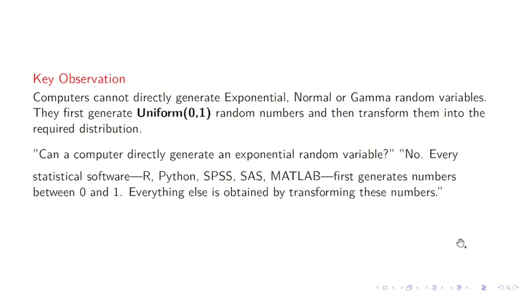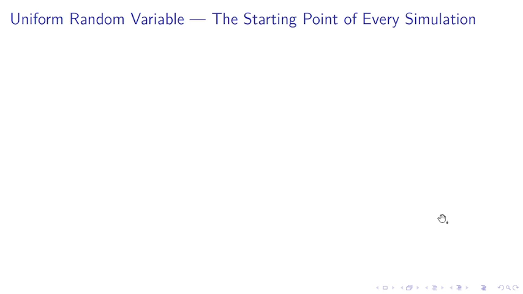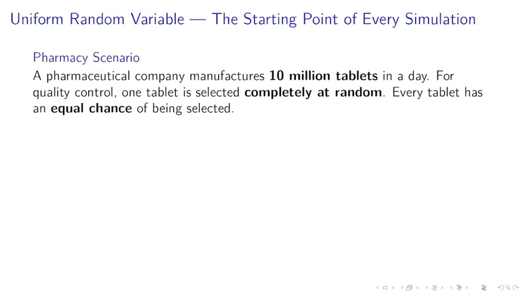Statistical software like R, Python, SPSS, SAS, MATLAB all generate numbers between 0 and 1, and everything else is obtained by transforming these numbers. Uniform random numbers are the starting point of every simulation.